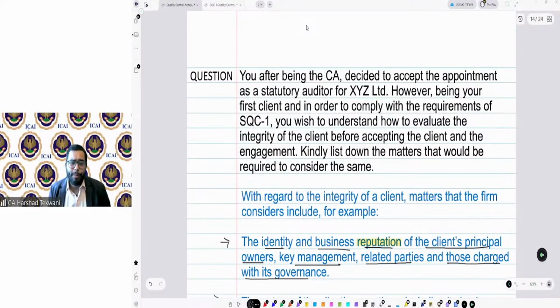Client's internal control, Prajwal, is not with respect to the resources, competency, and time of the firm. It is related to the client. I understand the client's internal control will play a good amount of role in drawing the audit plan in detail. But before even accepting, how will you check whether you can deliver the service to the client or not?